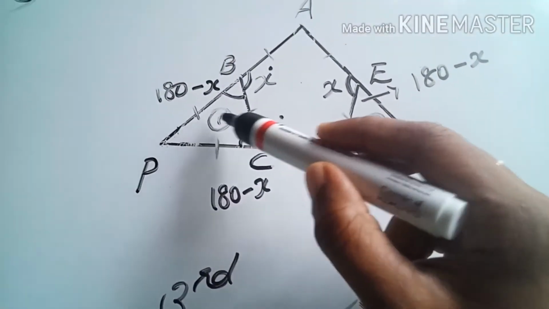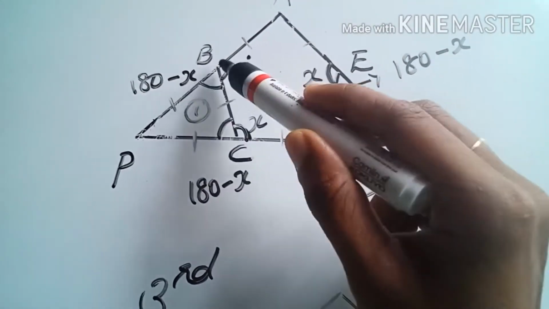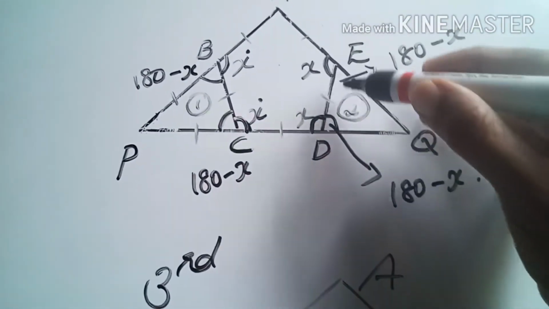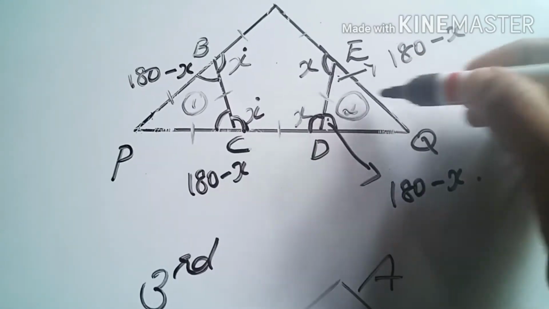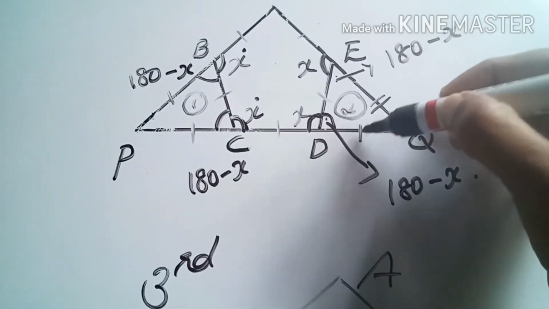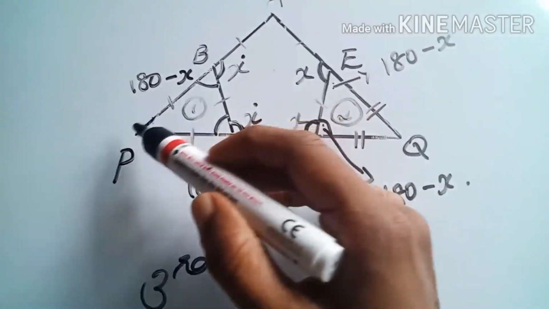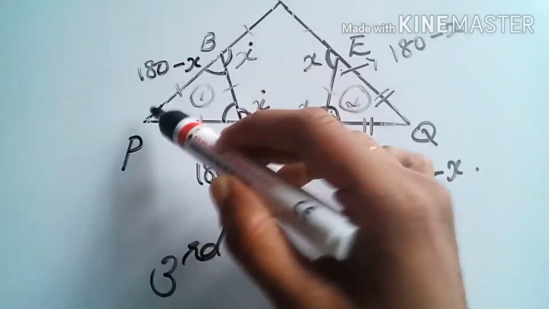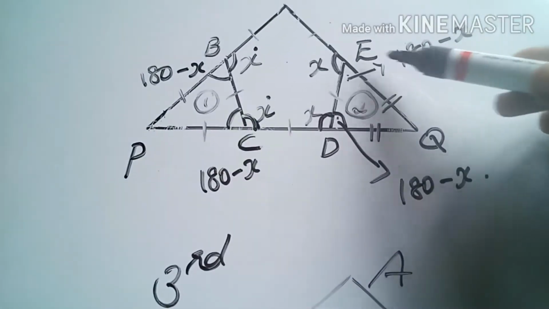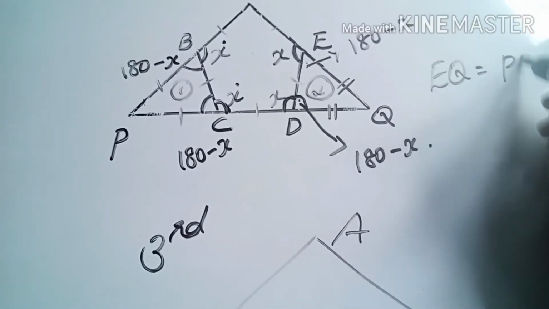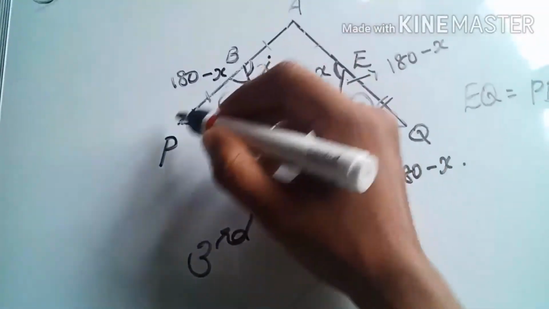And here also, for these two angles, EQ and DQ are also equal. So EQ is equal to PB. For these two triangles, EQ and PB are equal.